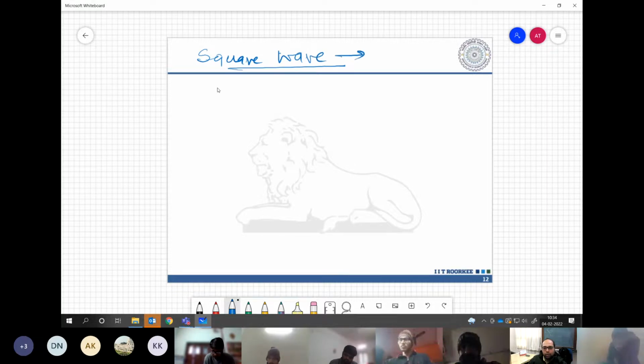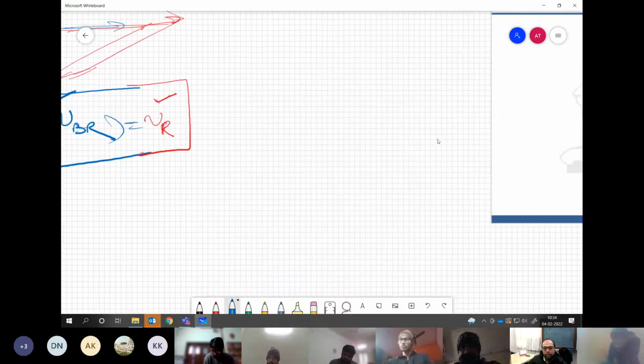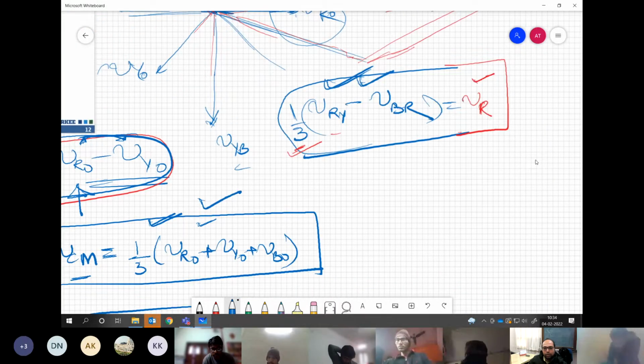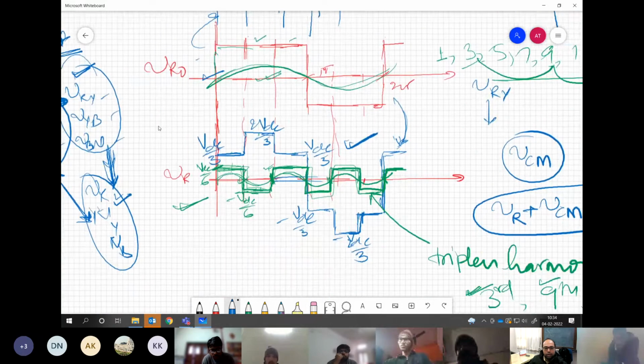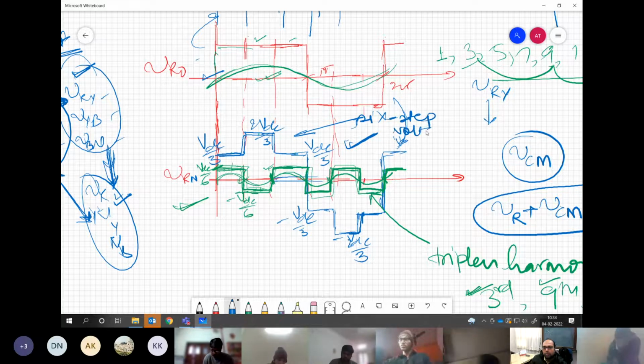One more important term which I have missed out. Sometimes we refer to this voltage we are generating, this line to neutral voltage VRN, as 6-step voltage. It is 6-step because there are 6 steps: 1, 2, 3, and then 4, 5, and 6. So 3 on the positive side and 3 on the negative side, we call it 6-step voltage.